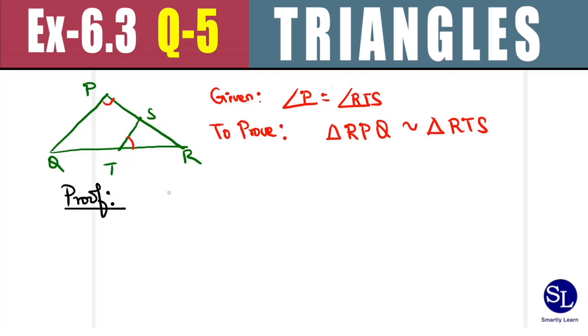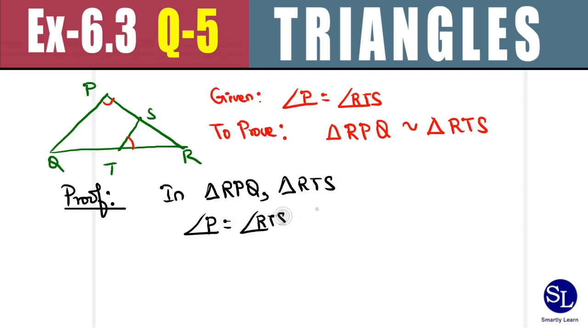Let's take the two triangles. So in triangle RPQ and triangle RTS, what do we know? We know that angle P is equal to angle RTS. Why? Because this was given to us in the problem itself.